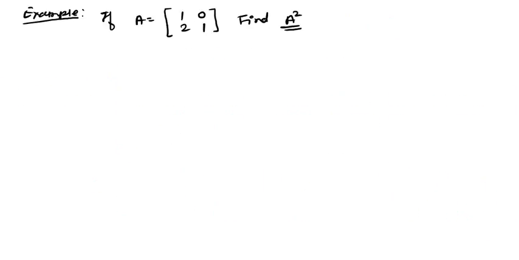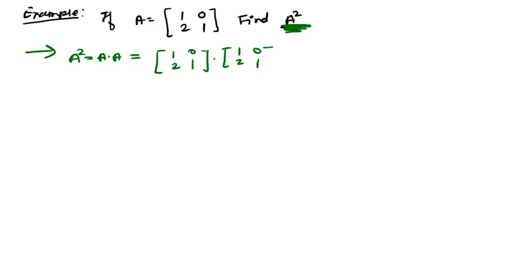Now the next question is to find the matrix A square if A is given. To find A square means what? We can take the multiplication A into A, that is 1 2 0 1 into 1 2 0 1.